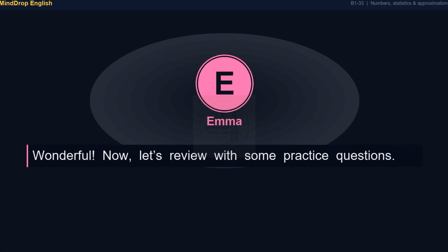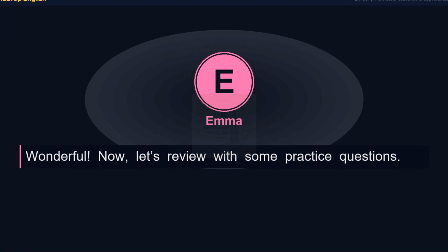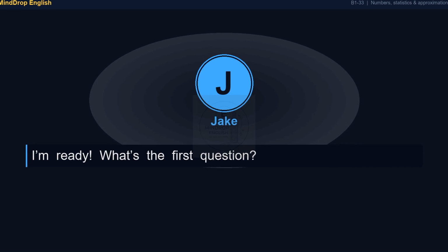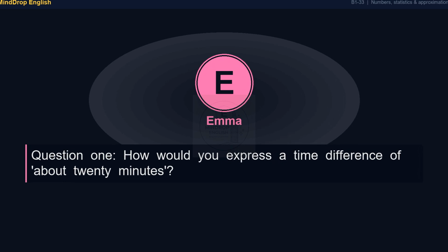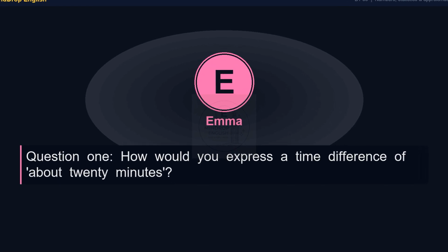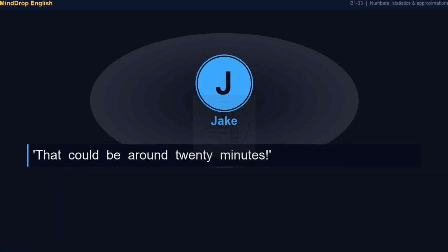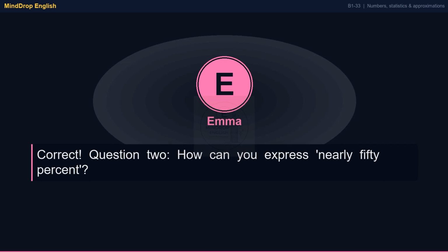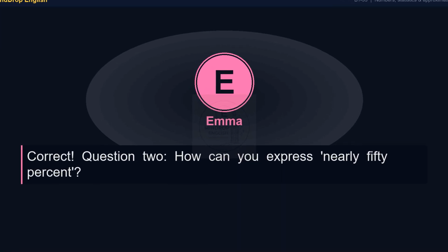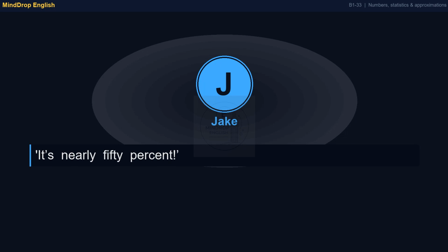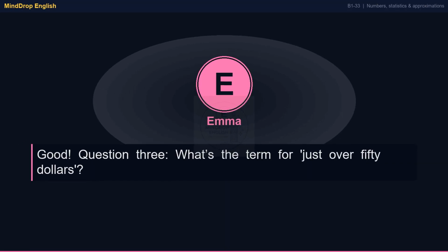Wonderful. Now, let's review with some practice questions. I'm ready. What's the first question? Question 1. How would you express a time difference of about 20 minutes? That could be around 20 minutes. Correct. Question 2. How can you express nearly 50%? It's nearly 50%. Good.